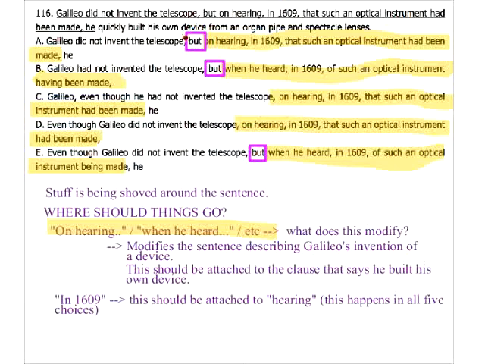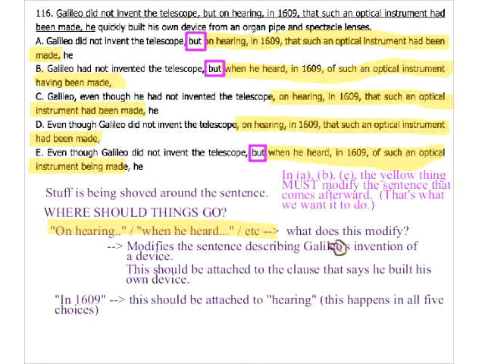So in A, B, and E, the yellow thing has to be modifying what comes after it because the but is blocking it from modifying anything else. So in A, B, and E, the yellow thing must modify the sentence that comes afterward. And that's what we want it to do.